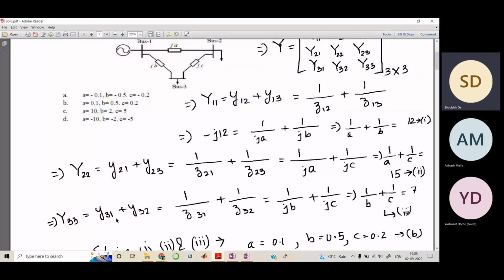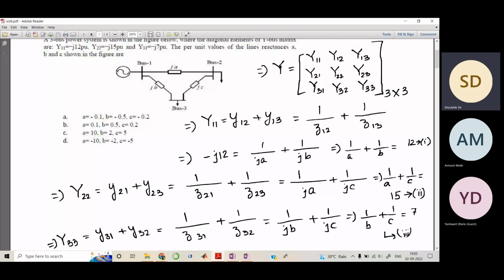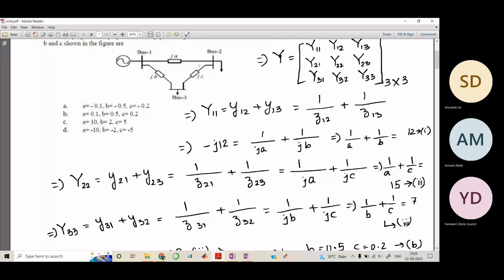Similarly, Y33 is given, the value is minus J7, and it is the sum of the admittances Y31 and Y32. Again, this is the inverse, so 1 by Z31 plus 1 by Z32. In this way, we get our third equation.